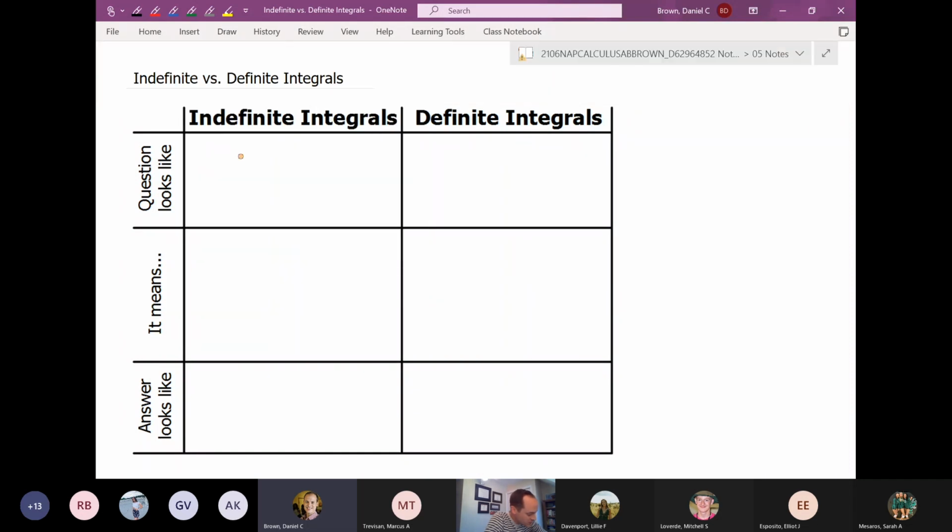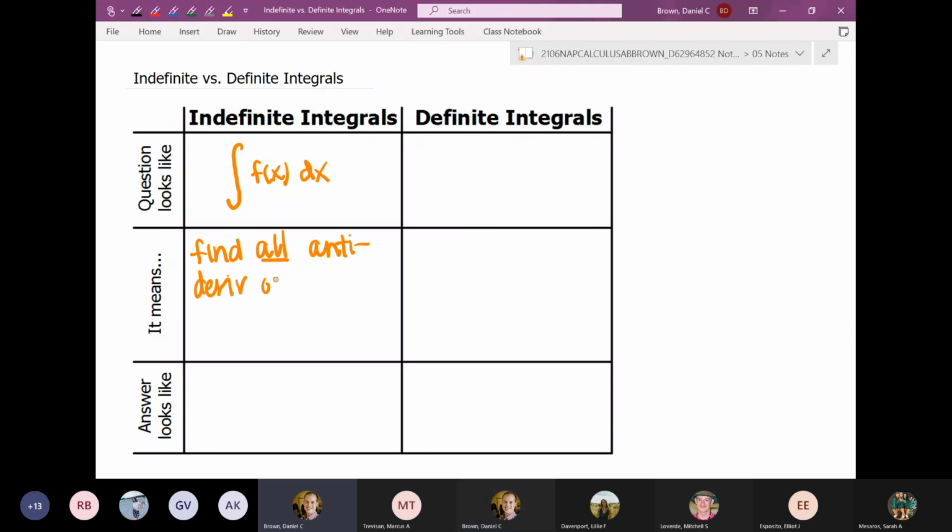We know that the indefinite integral basically looked like the integral sign of some function with respect to dx. What did it mean? When we're looking at the indefinite integral, it told us to find all antiderivatives of f of x.